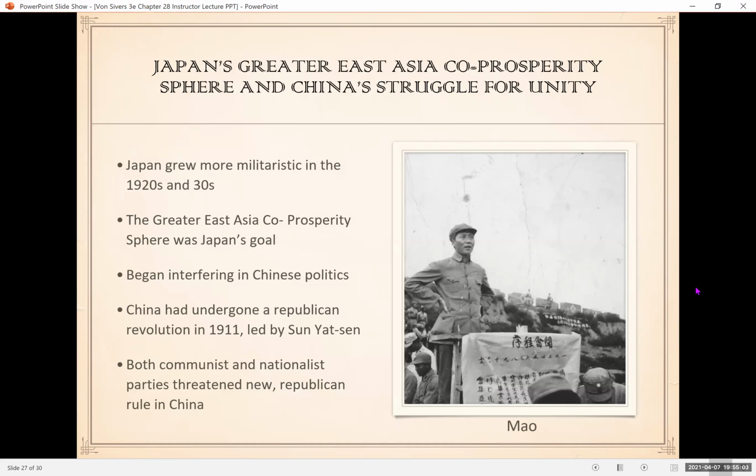So let's get to Asia, because Asia played an entirely different theater in this war. Japan had grown highly militaristic under the Meiji Restoration. They had invaded Manchuria, creating a puppet state known as Manchukuo.